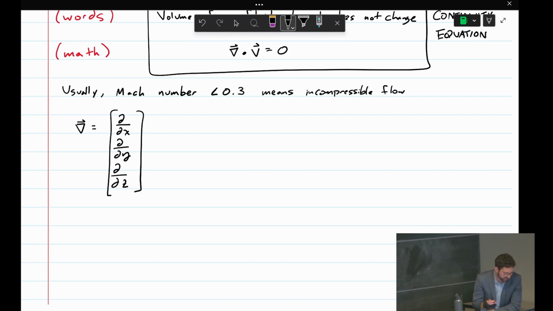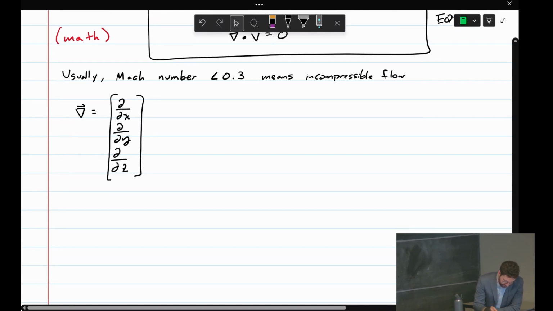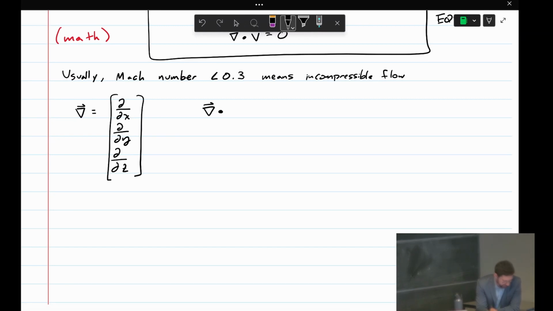So you can think of it as a vector operator. When you do a dot product of nabla with something, that's the divergence operator. When you just operate directly on something, that's the gradient.